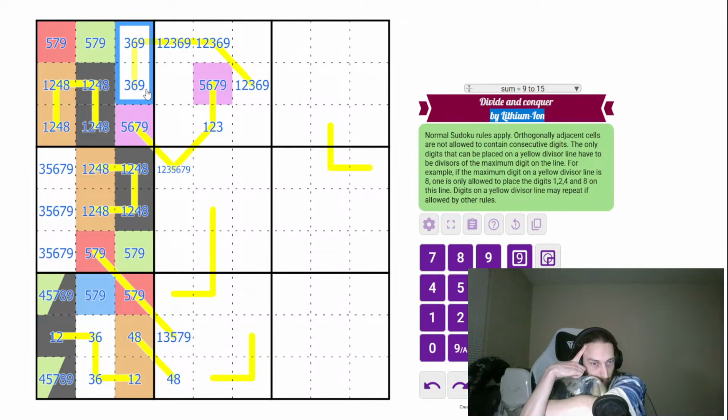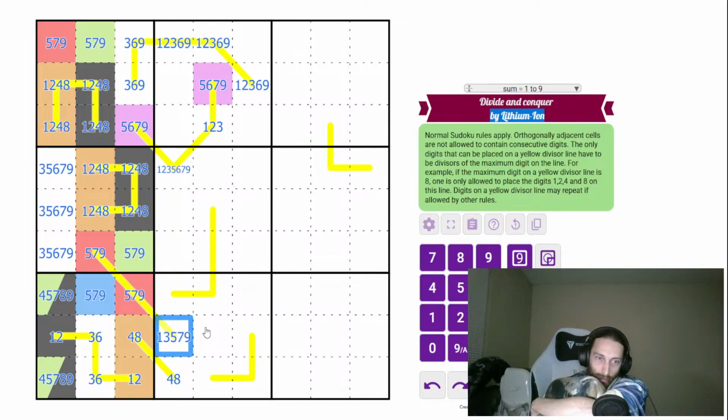In box 8, 5 and 7 have to be there. That's one of them. The other one has to be in one of the blanks. You can't put 5 and 7 here or here.